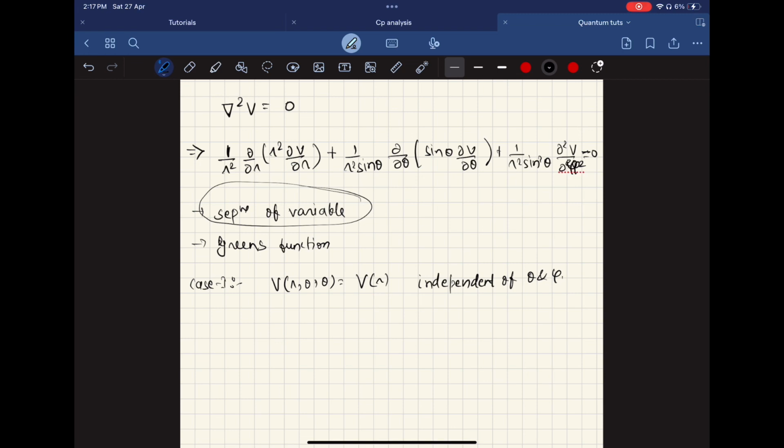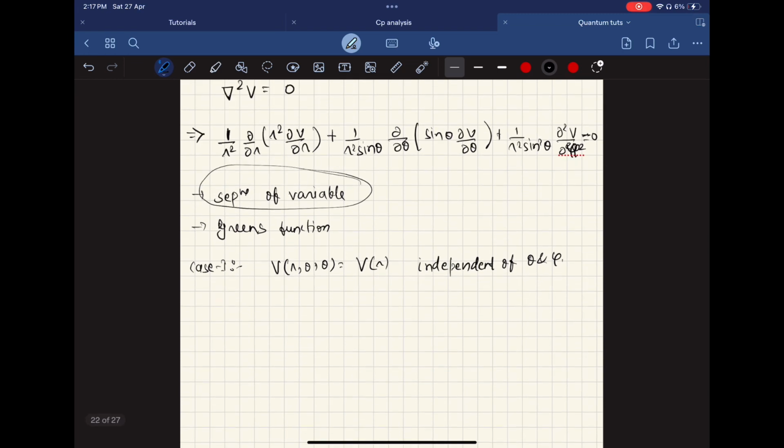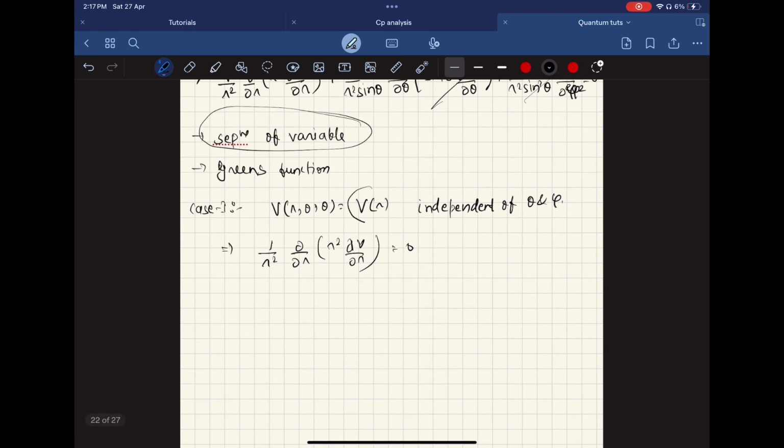So if V is independent of theta and phi, then this term becomes 0 and this term becomes 0. So we have 1 over r square del over del r into r square del V by del r equals 0. If V is only a function of r, then del by del r is equal to d by dr.